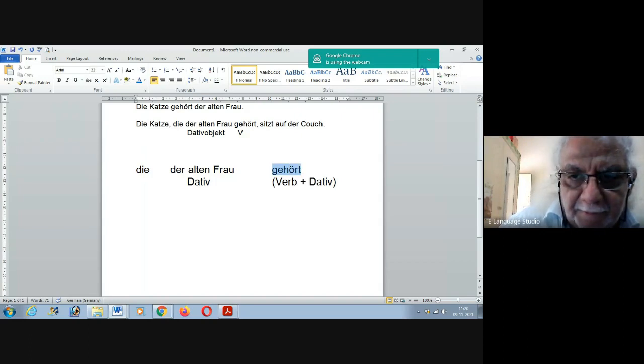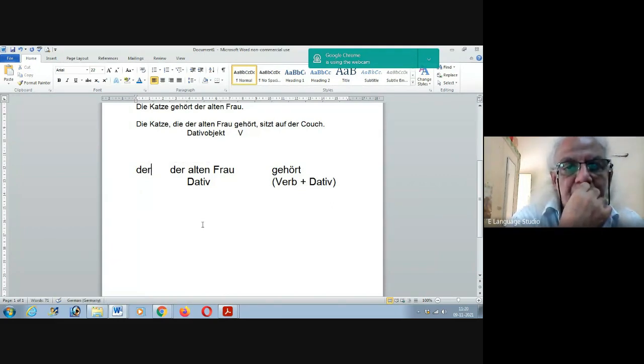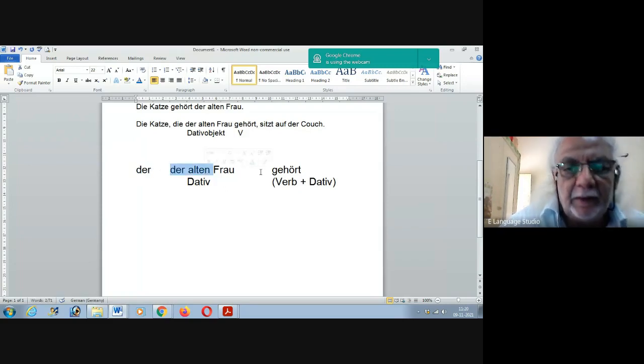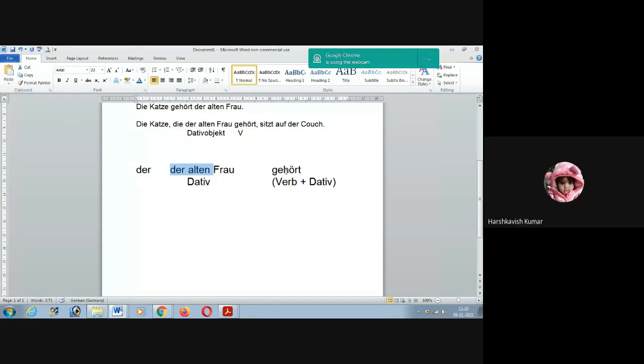Now you see this verb gehört, and according to you, it should be dative. Where is the subject that will conjugate the verb gehören? Can you conjugate the verb with dative or accusative? No, it should always be nominative.